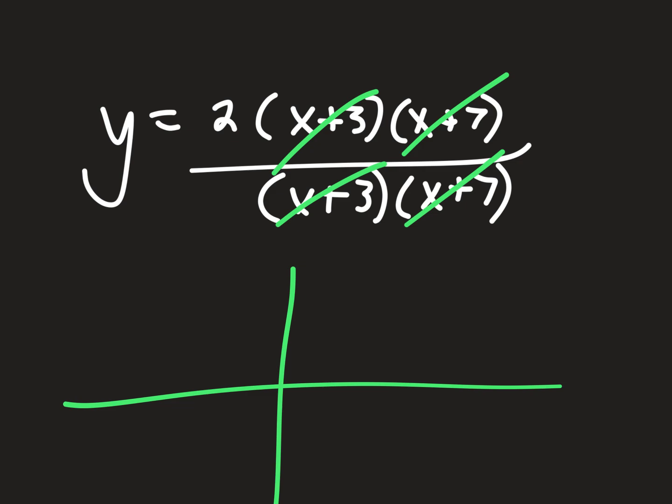Maybe you haven't simplified the function down and written what it is. That's one of the biggest problems. People cancel it, and then they don't write what they have left.